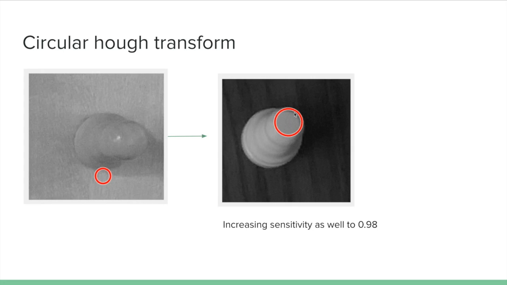But the biggest problem with this specific circular hue transform was occlusion, which means I was not able to take the circular nature of this entire pawn into consideration. And also there were no perfect circles along the shape of each of the chess pieces.